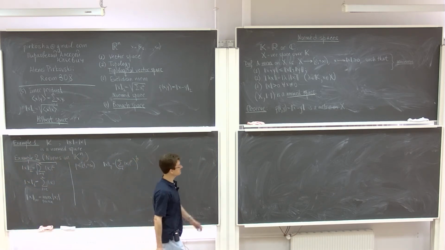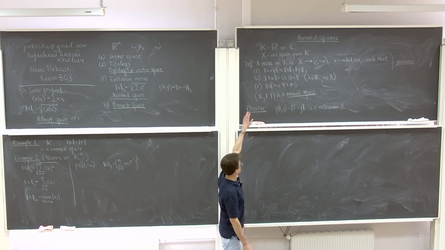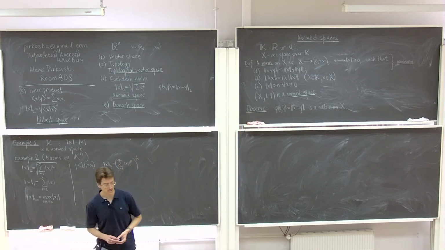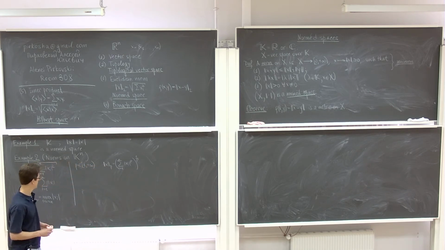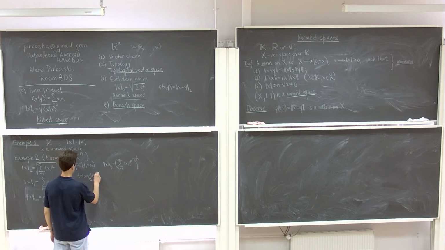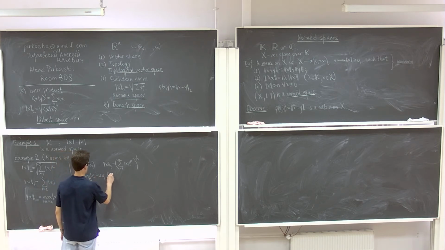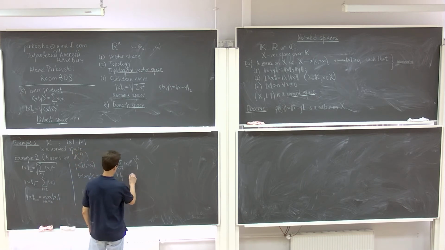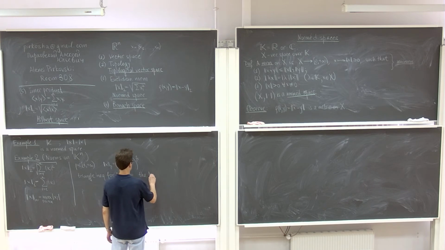Why is it a norm? Well, again, axioms 2 and 3 are immediate. And the triangle inequality is not entirely obvious. In fact, the triangle inequality for this norm is the famous Minkowski inequality.